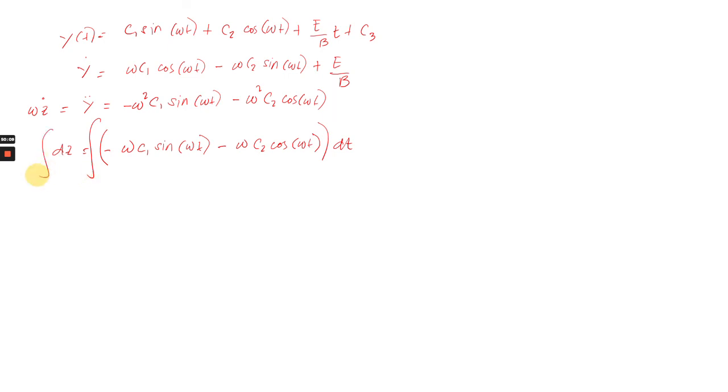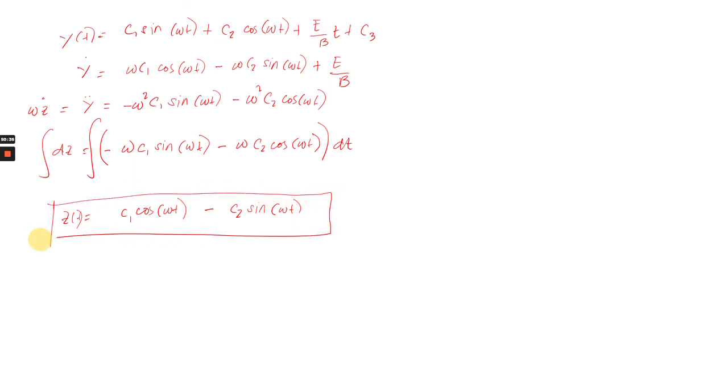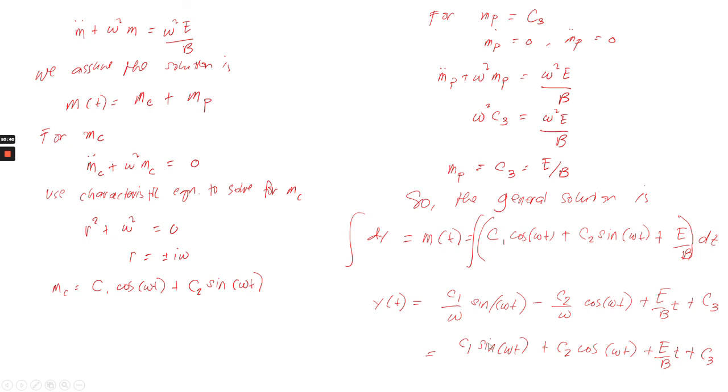So z becomes, omega C1, or cancel the omega, just C1 cosine omega t minus C2 sine omega t. So we have z of t. So that's its solution. Okay, so we have two solutions, z of t and y of t, which is this.